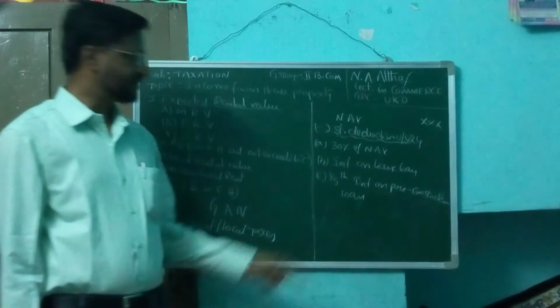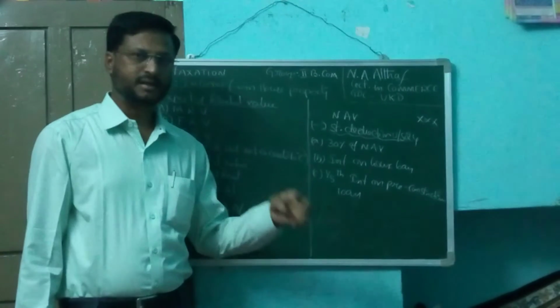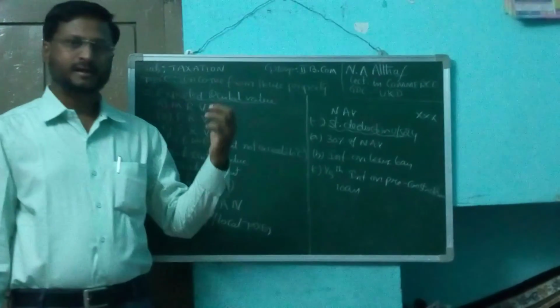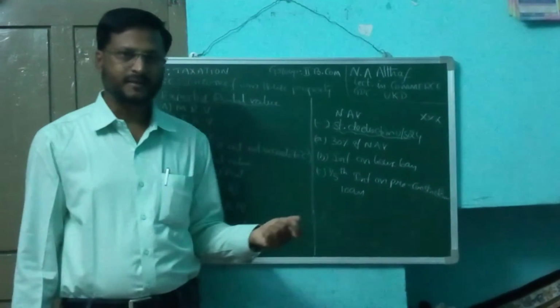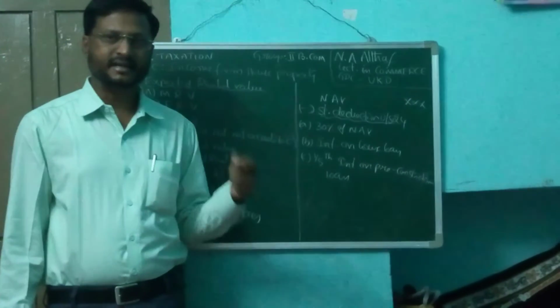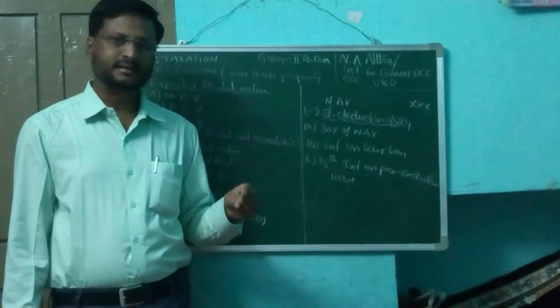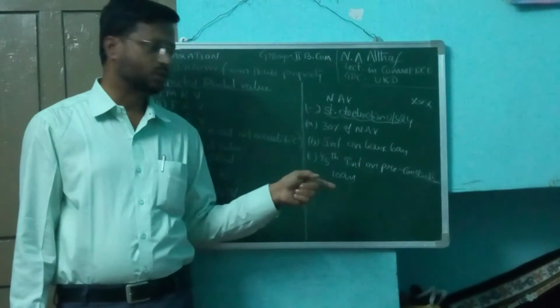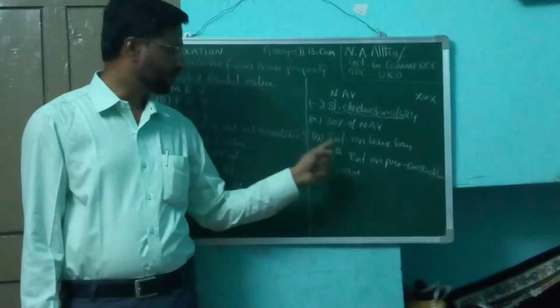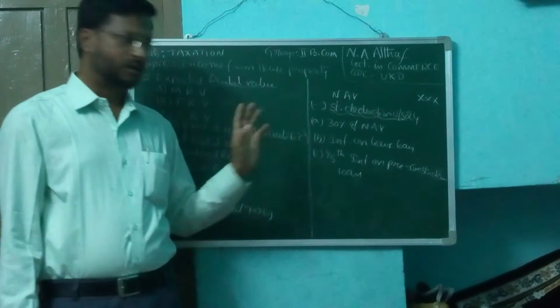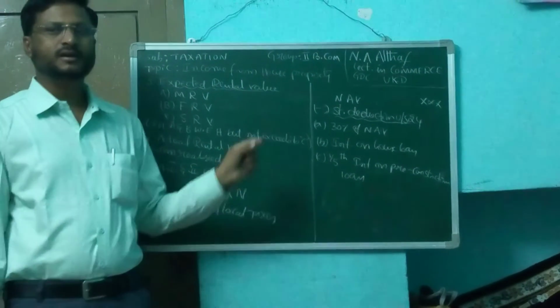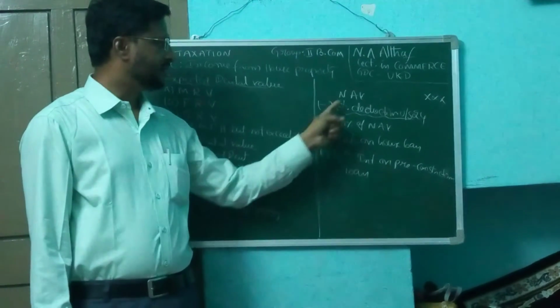Pre-construction loan means, for example, I took a loan from the bank this year or last year, but I did not construct any house this year. Then the house is not constructed with such a loan. In that case, I deduct only 1/5 or 20% of the interest from the net annual value.